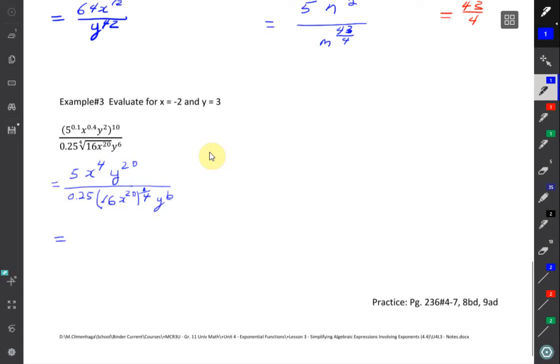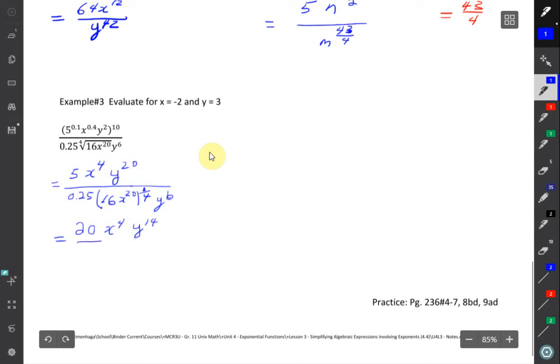Well, there's 4 quarters in one, so that's going to be 20. And we still want to simplify that denominator, so we'll leave the x to the 4. But the y to the 20, I can go ahead and simplify. The 20 is larger than the 6, so 20 minus 6 leaves us with y to the 14.